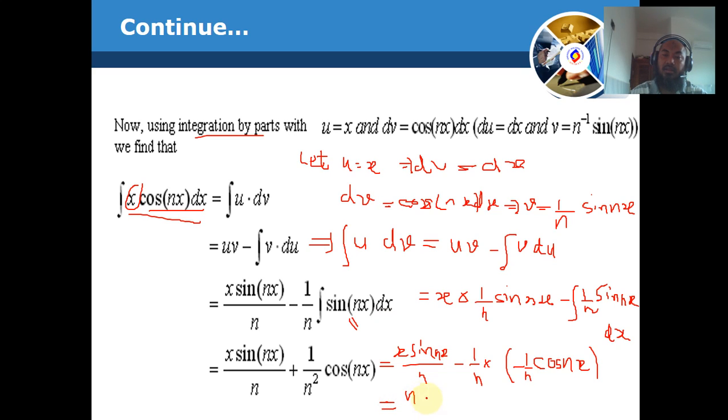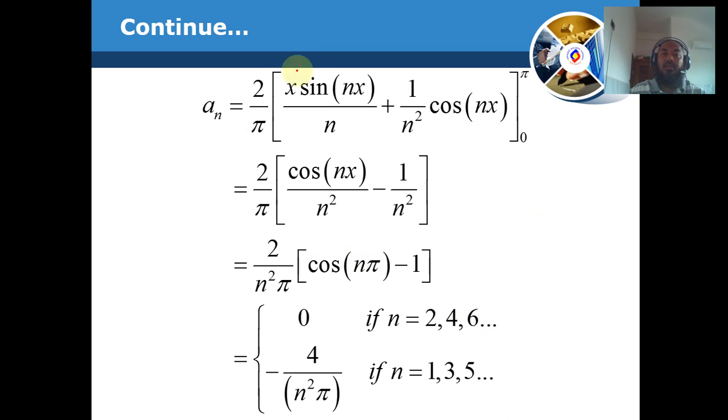That's why you will get x sin nx divided by n, this minus becomes plus, so 1 over n square and then cos nx. Now we replace the limits, because this is from 0 to pi. Let us do one by one.